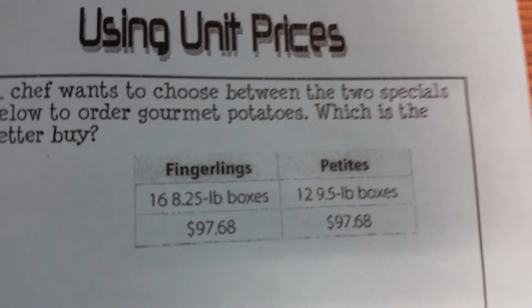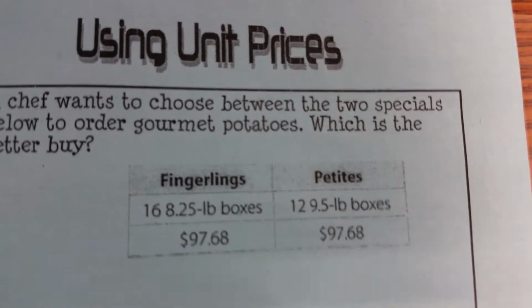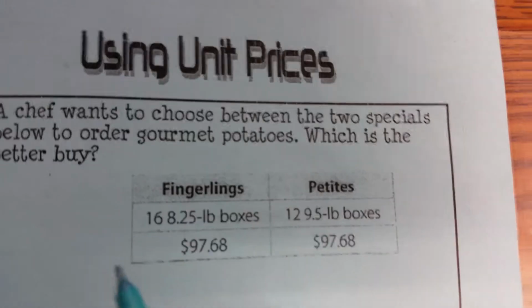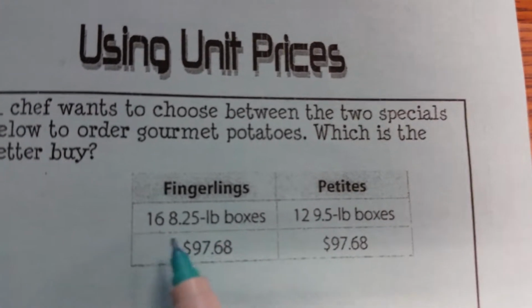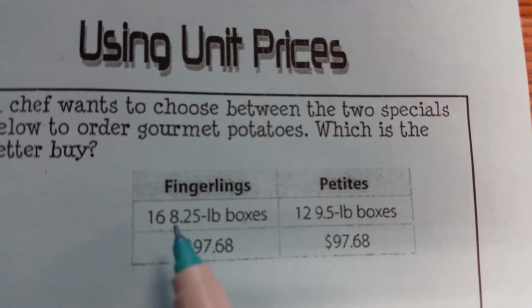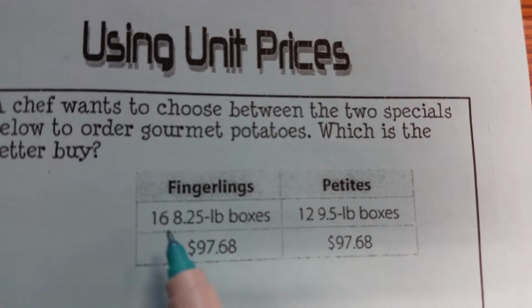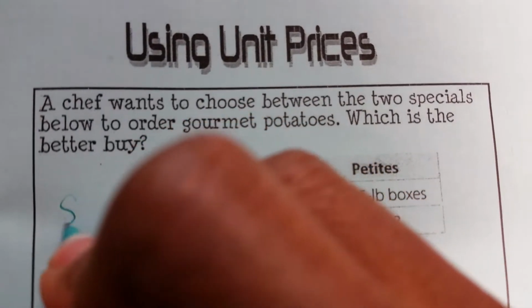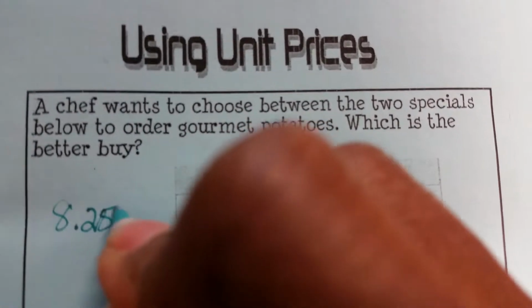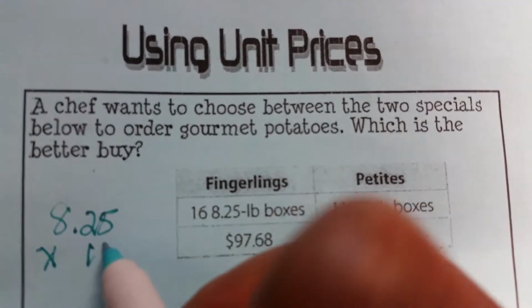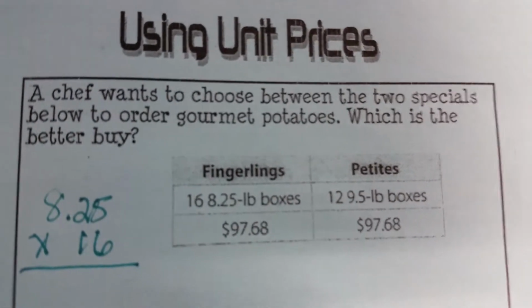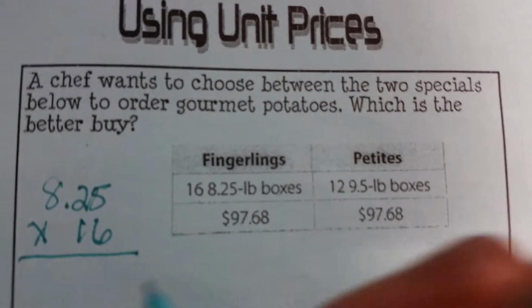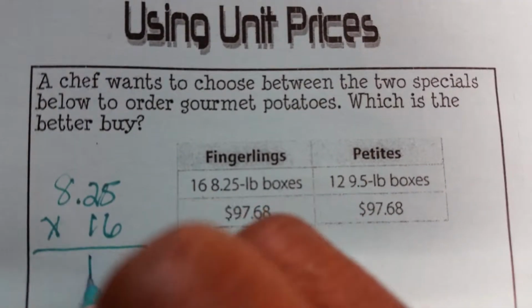Okay, so to figure out which one would be the better buy, we have to first figure out how many pounds are in this box. So we need to take this 8.25 and multiply it by 16. Okay, when we calculate that, we get 132.